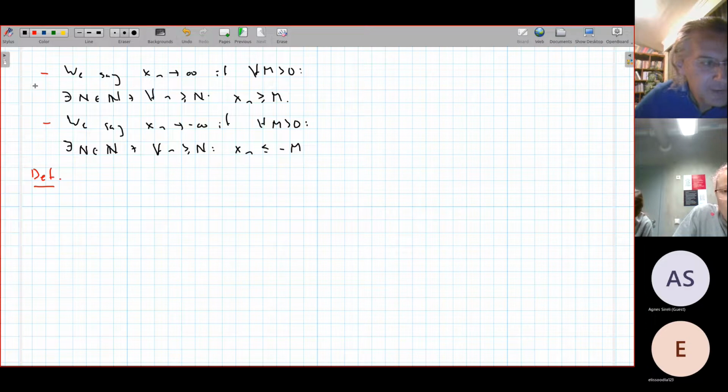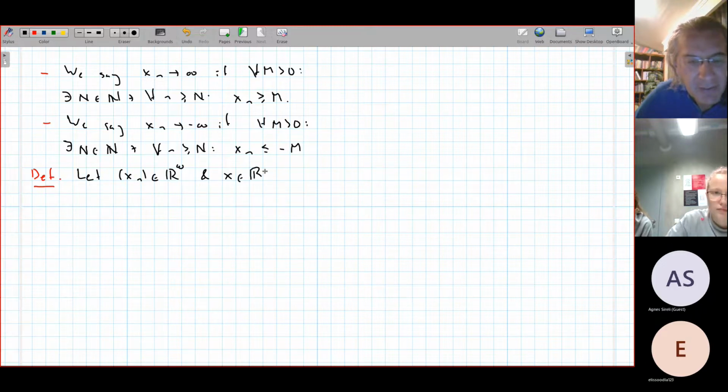Another standard definition. So let xn again be a sequence of real numbers, and suppose that x is a real number or plus minus infinity.